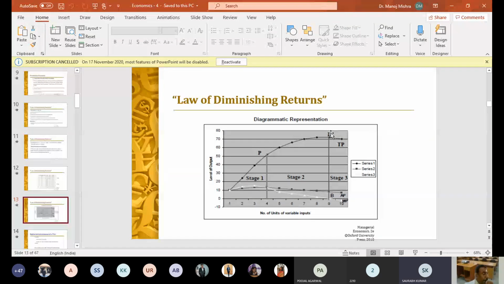So for all production people who want to know how to produce maximum, where should I produce the maximum? They should target the marginal production to be 0.